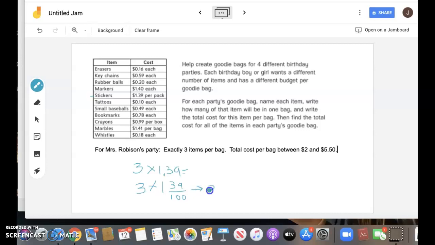So I'm going to break this apart into 3 times 1 equals 3. And 3 times 39 100ths.